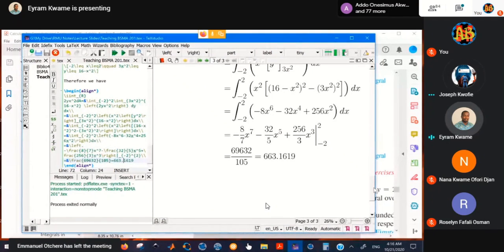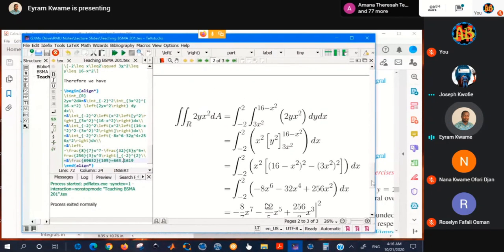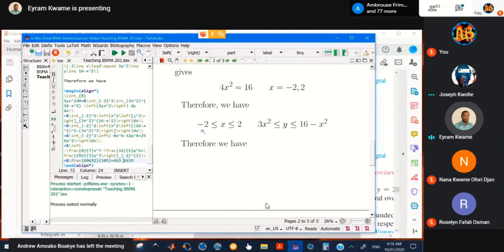Please, one thing is this. When you do the work and I'm marking, I concentrate on this. So if I have 15 marks to give, I concentrate on this. This alone takes about half of the marks, because once your limits are right, it means you have defined the region.